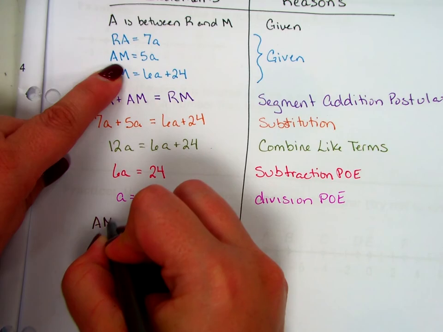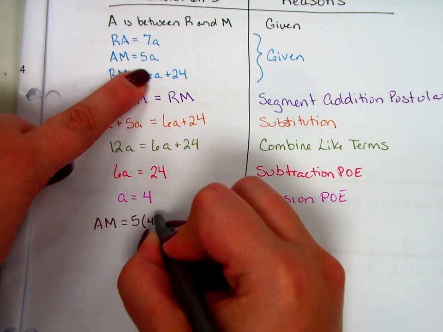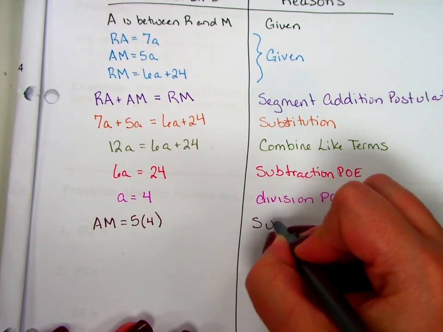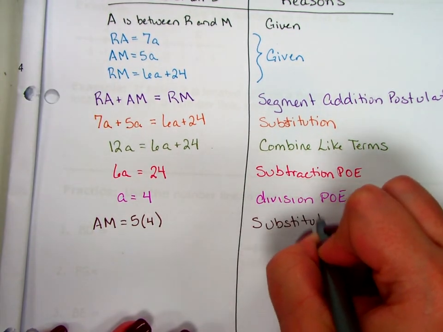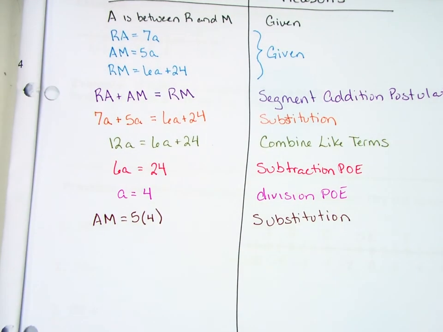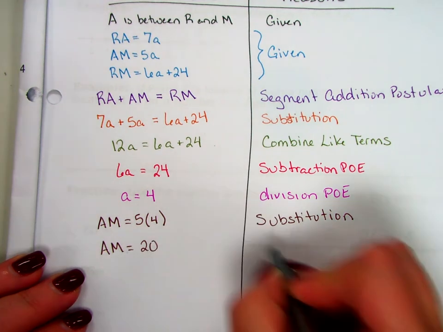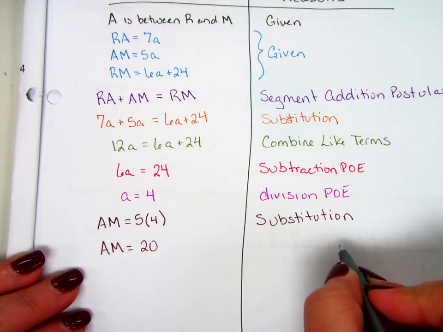So now I can say AM equals 5, and instead of A, I know A is now 4 because I can substitute it in. And so now 5 times 4 is 20. AM equals 20. What do I put?